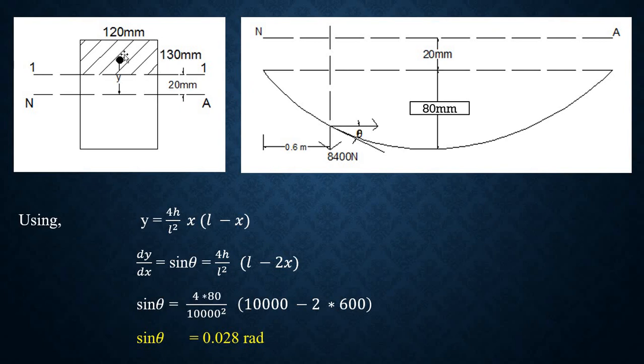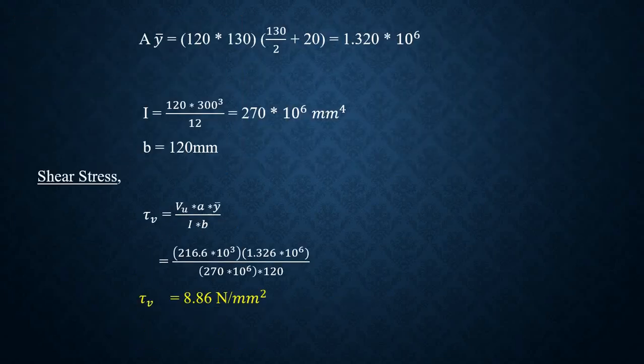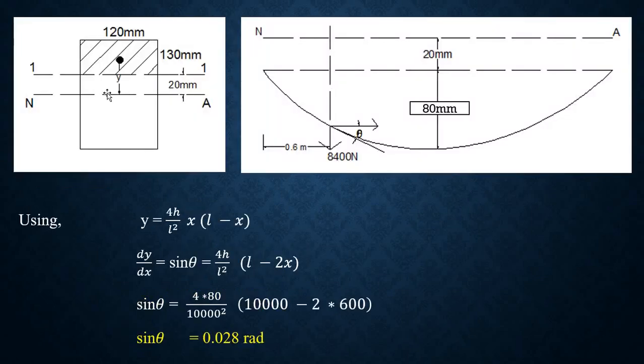Here the hatched portion is 120 by 130, so consider that area. A Y bar is equal to the area of the hatched portion, 120 by 130, into 130 by 2 plus 30. I will show you how I got this 130 by 2: we want a distance, that is, A over Y bar we should calculate.